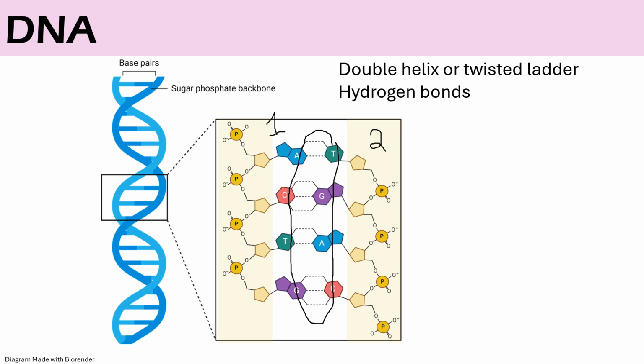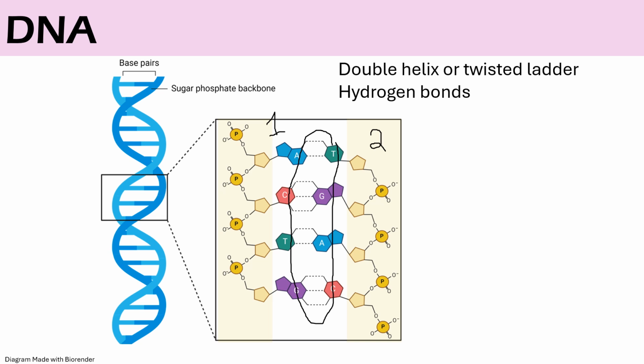But the picture on the left is actually what it really looks like. Note how the rails of the ladder are along the outside with the alternating sugar-phosphate backbone. And note how the rungs of the ladder are the nitrogenous bases paired with hydrogen bonds.